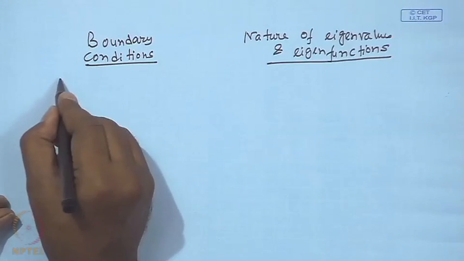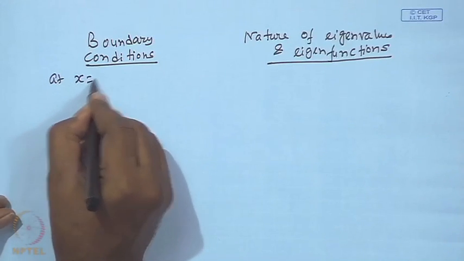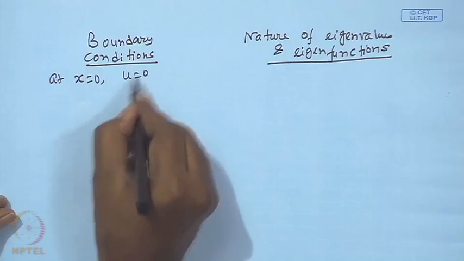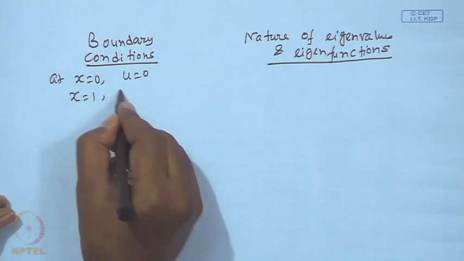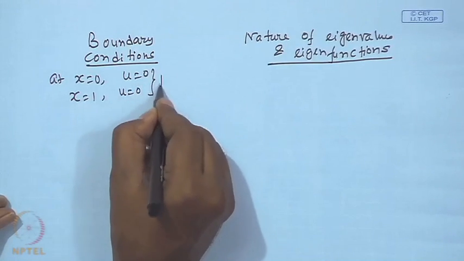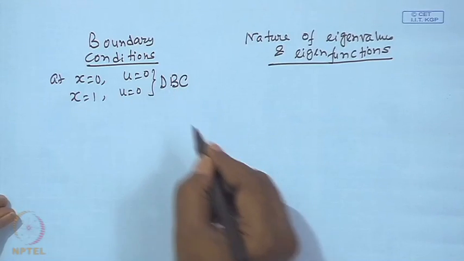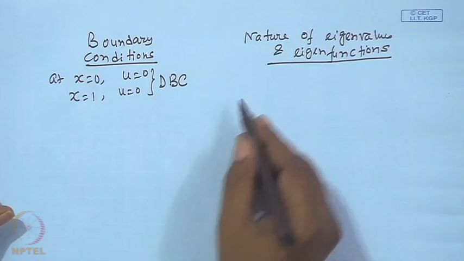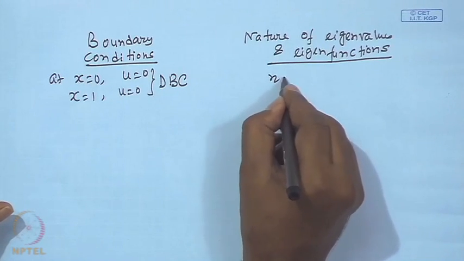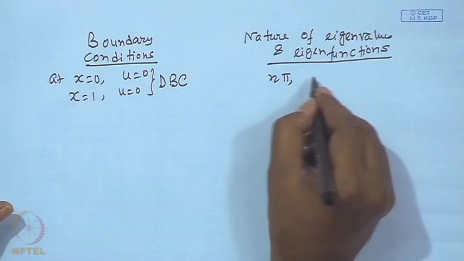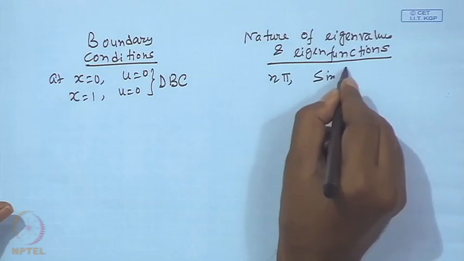This is the Dirichlet boundary condition: at x is equal to 0, u is equal to 0, and at x is equal to 1, u is equal to 0. So, these boundary conditions are Dirichlet boundary conditions. The eigenvalues were n pi and the eigenfunctions were sin n pi x.